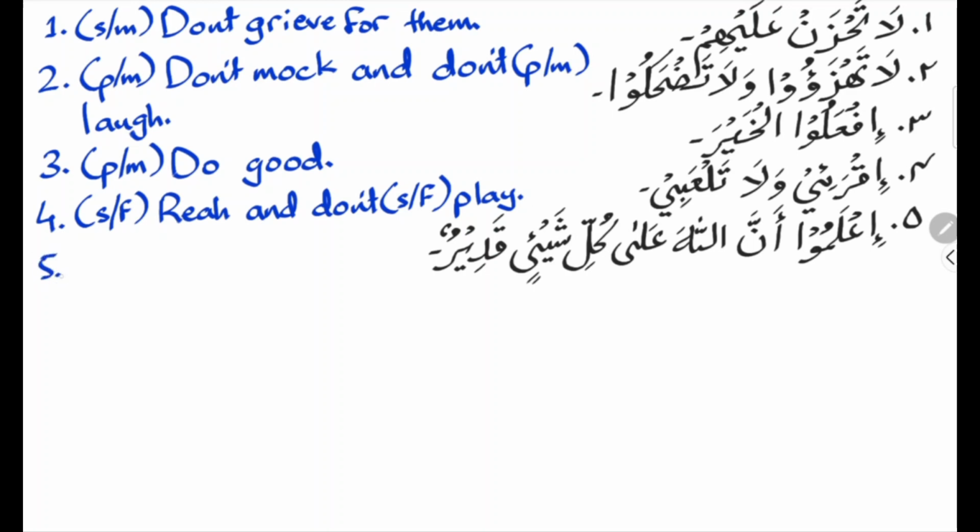Number 5, اعلموا أن الله على كل شيء قدير. اعلموا comes from the word علم, that's the root word which means to know. اعلموا is on the wazn of افعلوا, which is for plural masculine.